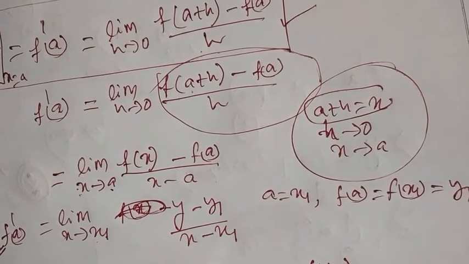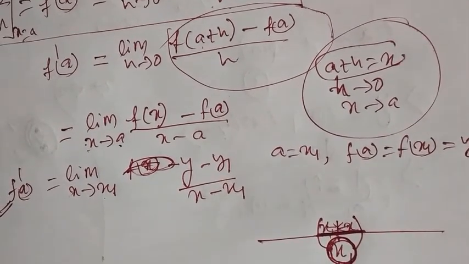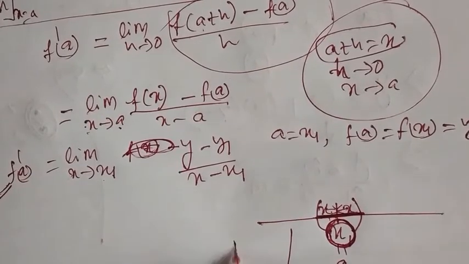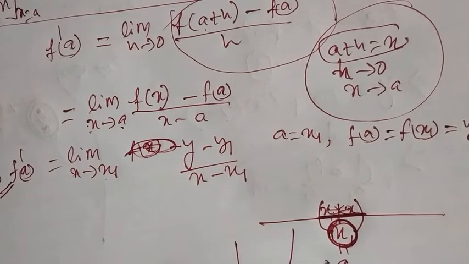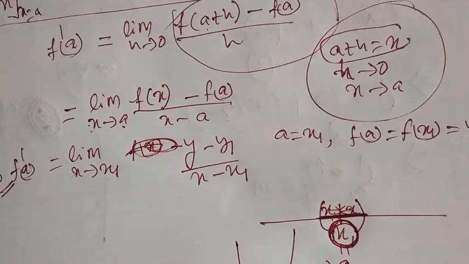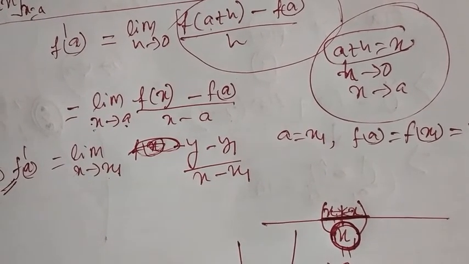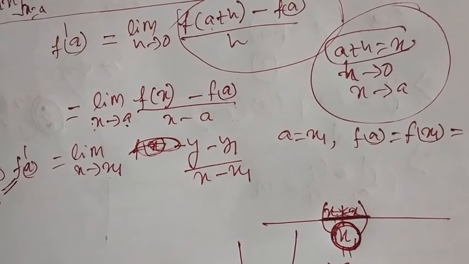That means if I take this curve, and here is the point (x1, y1), and here is the point (x, y), if I bring this x and y sufficiently close to x1, if I magnify this using a magnifier, then what shall I see?